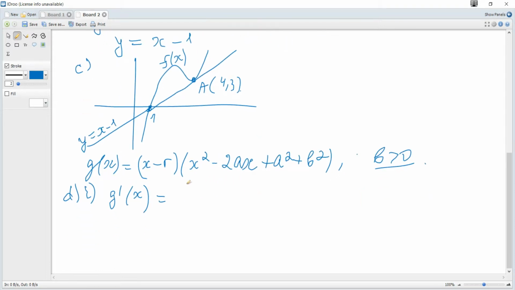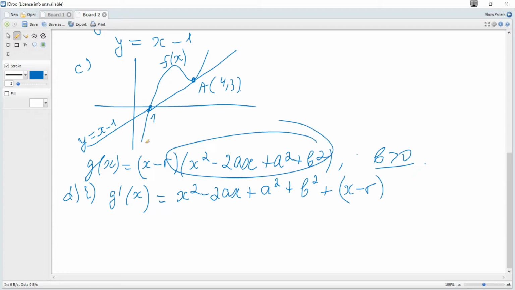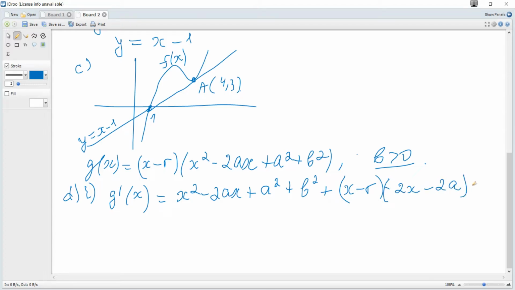Again the product rule: the derivative of x − r with respect to x is just 1, multiplied by x² − 2ax + a² + b², plus (x − r) multiplied by the derivative of this, which is 2x − 2a. It is equal to 2(x − r)(x − a) + x² − 2ax + a² + b², as required.